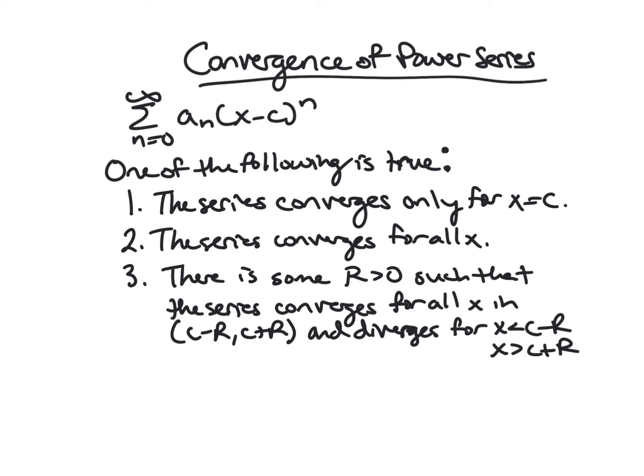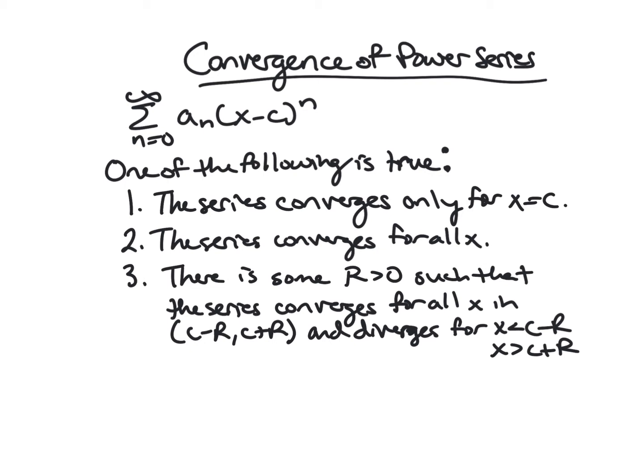Either the series converges only at the center, x equals c, and it should make sense why it converges at x equals c, because every time we plug in c for x, we're getting 0 in there. And so only your a0 is even a potentially non-zero term. So it's definitely going to converge. It's just a finite sum of one term.